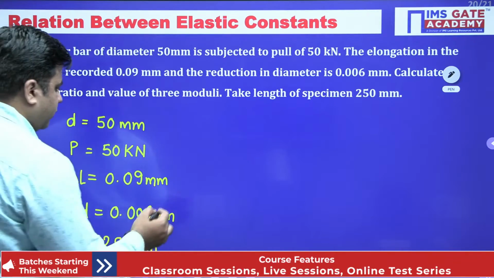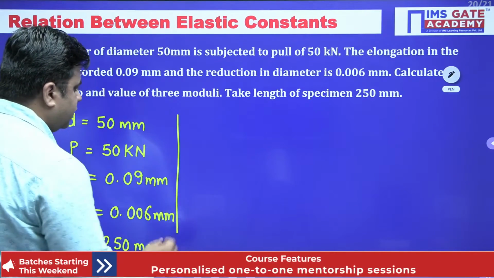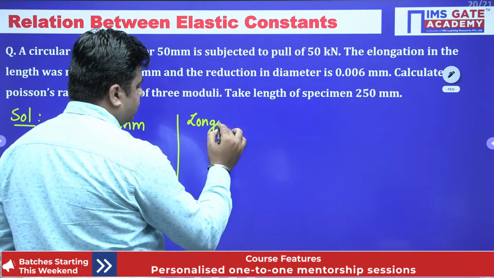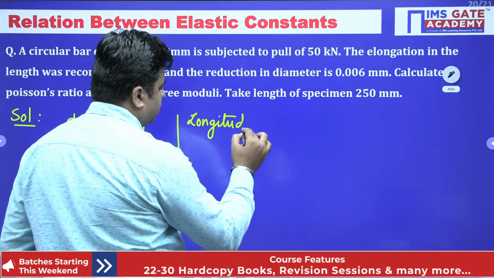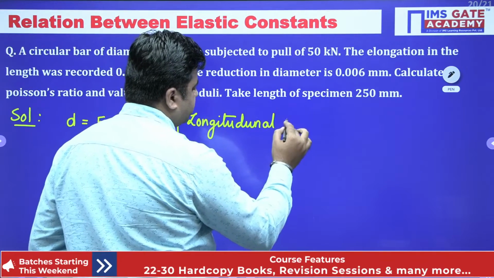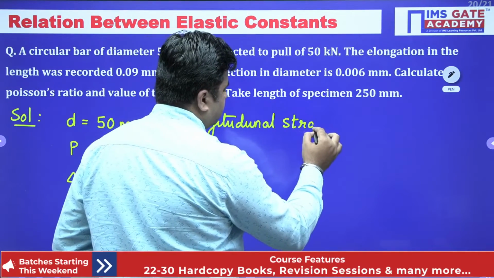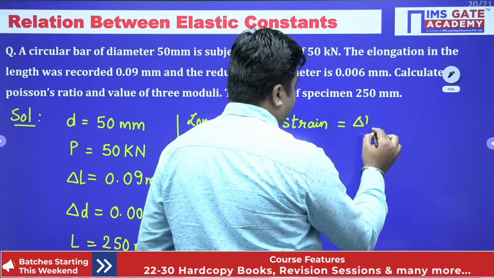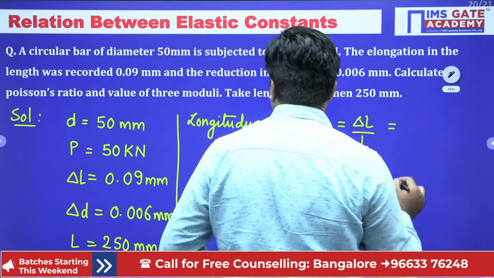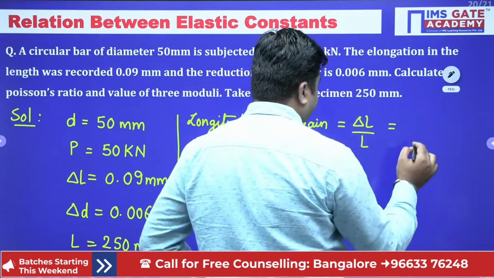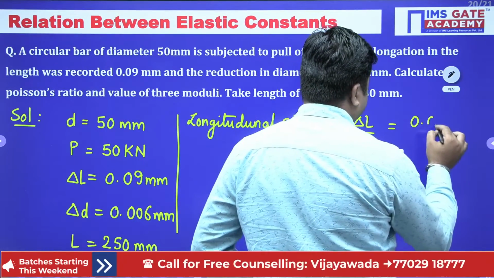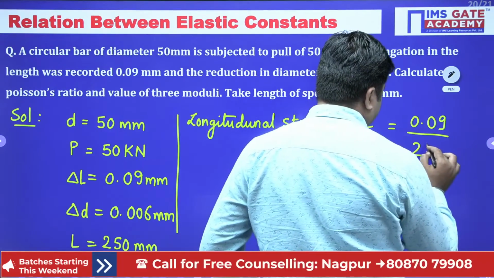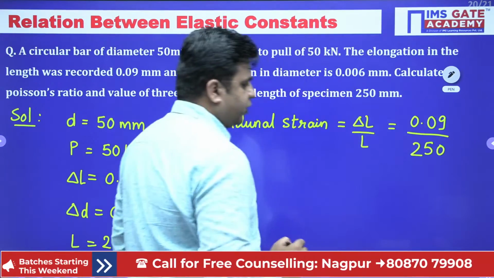So first of all, your longitudinal strain is equal to delta L by L. Delta L is given as 0.09, and L is given as 250. So this is my longitudinal strain.